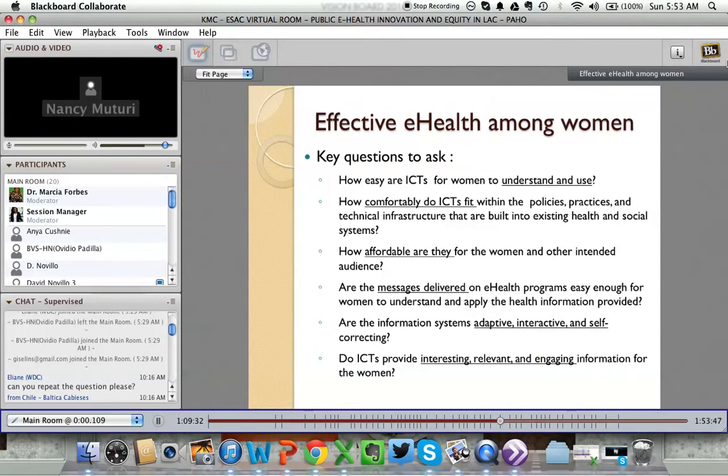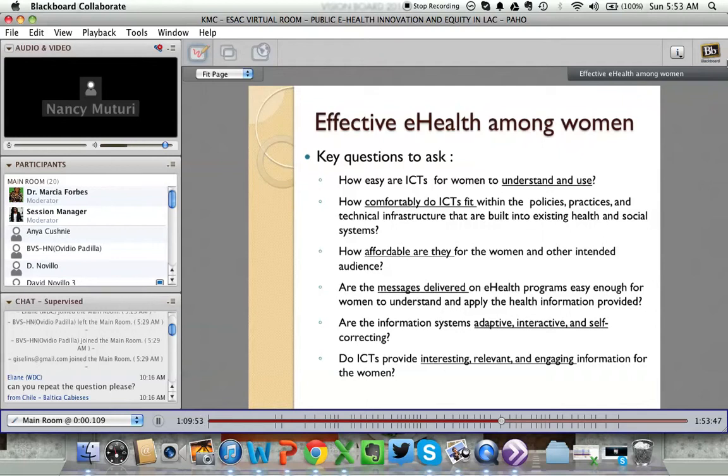So a few things to consider, and I think this is the last slide. When you're using eHealth in terms of communicating about women and health, there are issues to consider when it comes to asking questions like, can they really understand how to use the communication technologies?